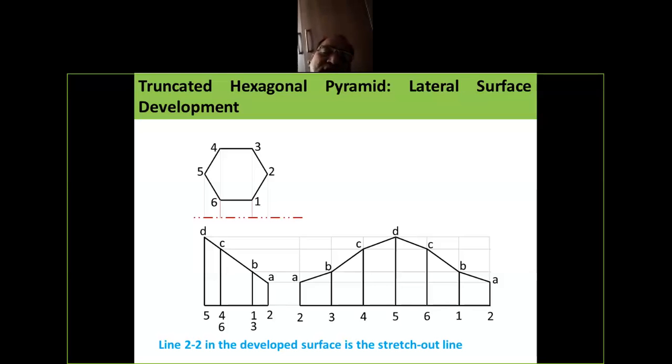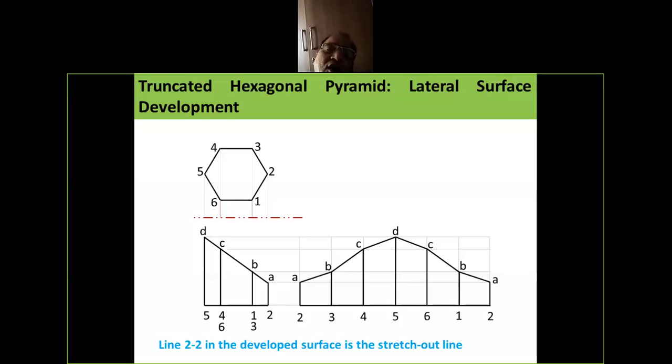In that case we can cut the pyramid. So this is an example of one that is truncated by the line ABCD.